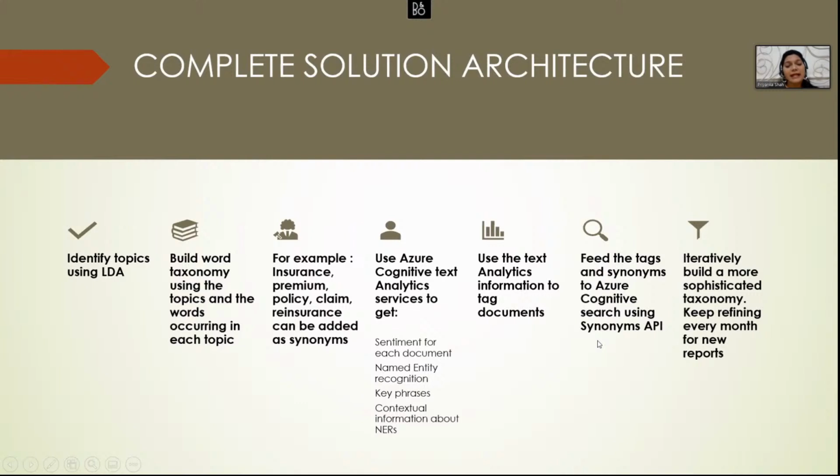Then we feed these tags and synonyms to Azure Cognitive Search. And then we iteratively refine our dictionary. Today, maybe I built a first level taxonomy where I'm identifying these keywords: insurance, premium, policy.